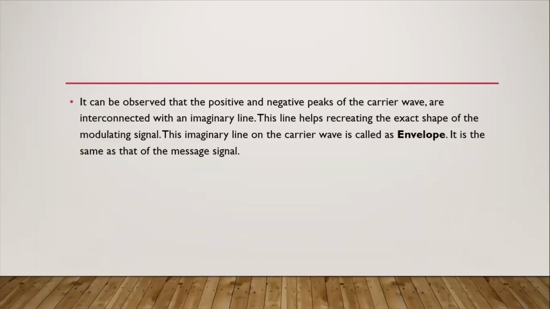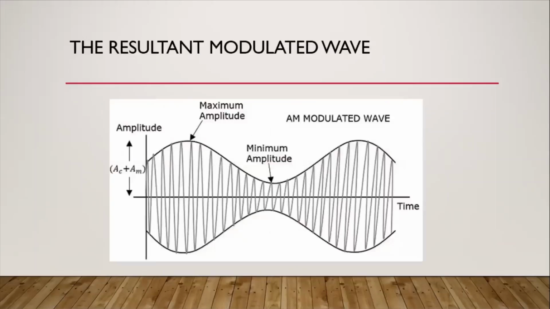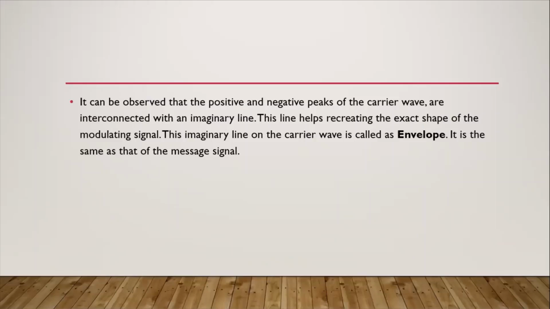Then it is interconnected with an imaginary line. Pagkatapos nun, this line helps recreating the exact shape of the modulating signal. Okay, makikita natin yung shape ng positive at saka negative. Ito yung naging form para magkameron tayo ng exact shape ng modulating signal.